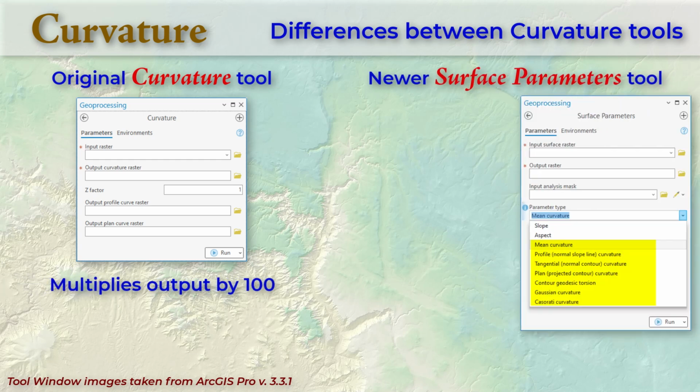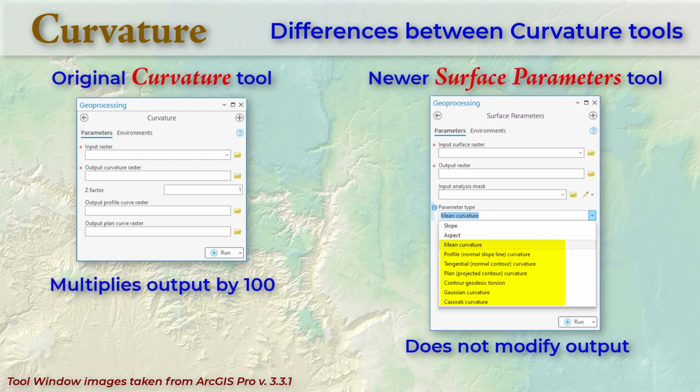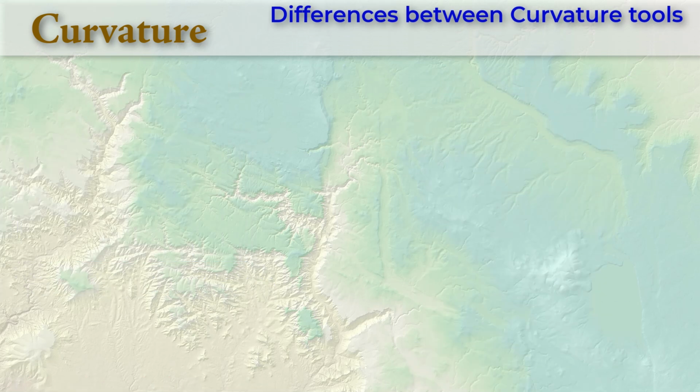The new tool does not. Therefore, the original tool produces curvature values that tend to be about 2 orders of magnitude larger than the new tool. They also use slightly different algorithms for plan and profile curvature, so the numbers will rarely be exactly the same, even accounting for those 2 orders of magnitude. So please be aware of this if you use both tools. Just another possibility of confusion there.